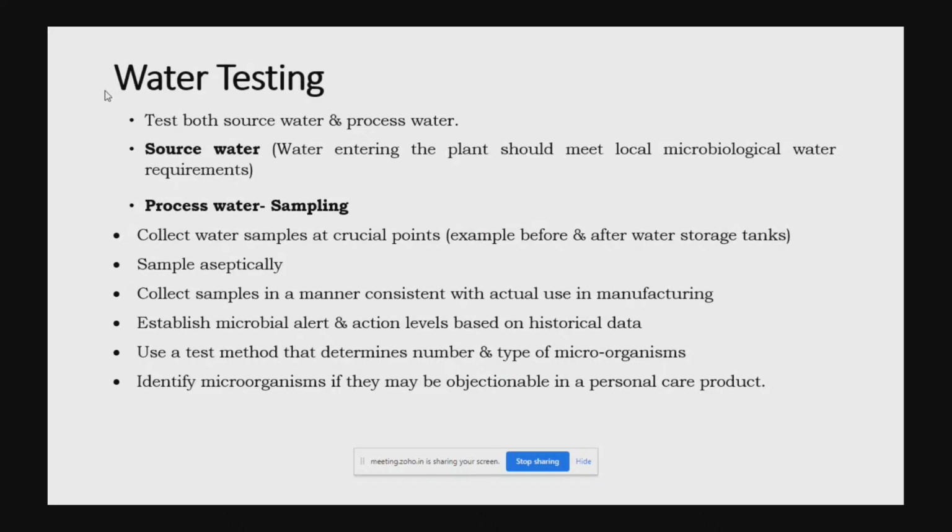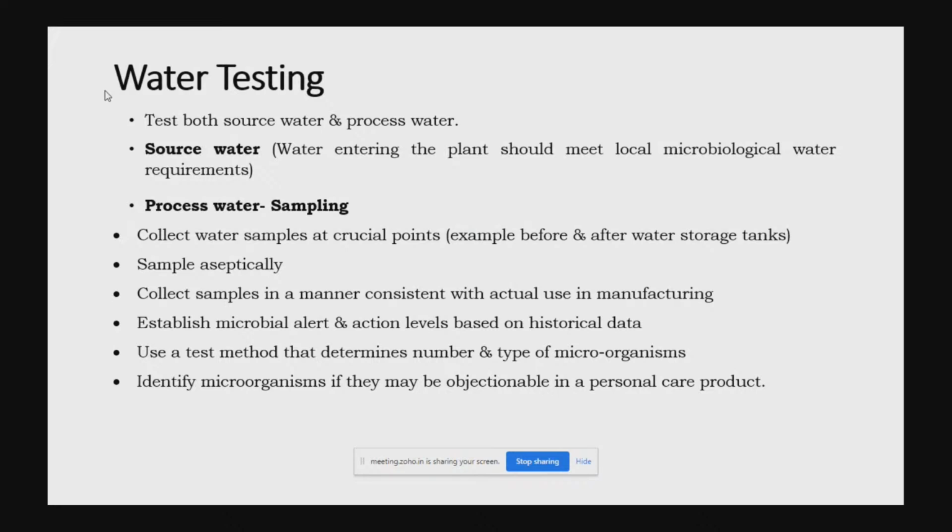After generation of the purified water, by using a multi-column distillation system, we generate the water for injections. That water for injection we directly utilize for parenteral preparations, and purified water is generally used for oral and over-the-counter drugs. We need to monitor the water system on a daily basis.